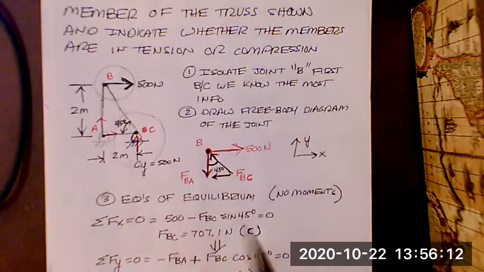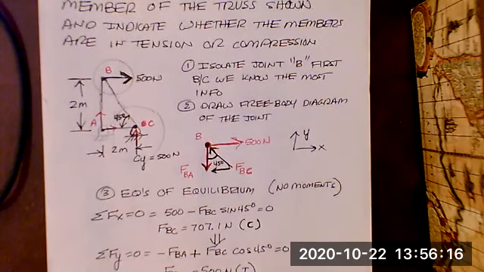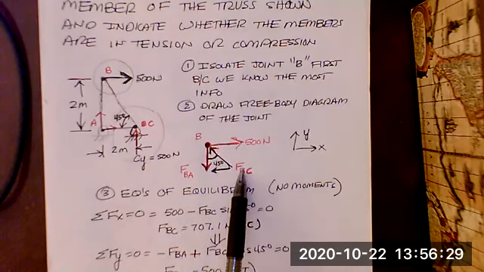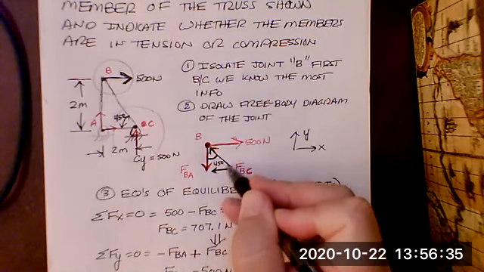So we got this free body diagram. Then we have to use our equations of equilibrium. And our assumption was right here because we didn't get a negative result. We summed the forces in X. We got 500 going to the right minus FBC sine 45. You could have done cosine 45 if you use this angle here.